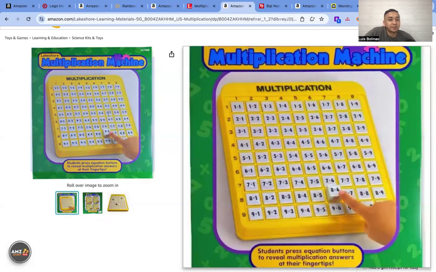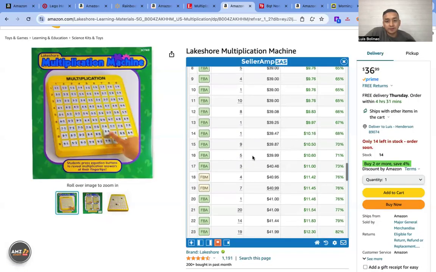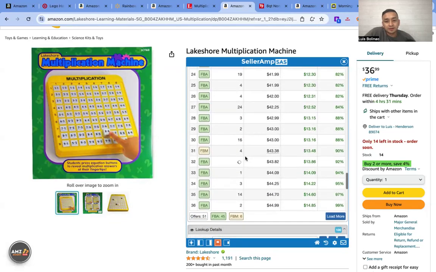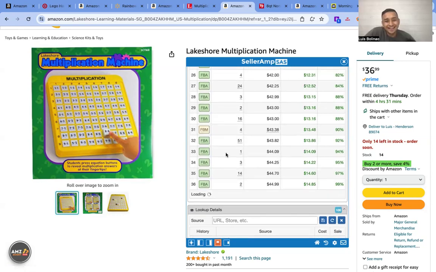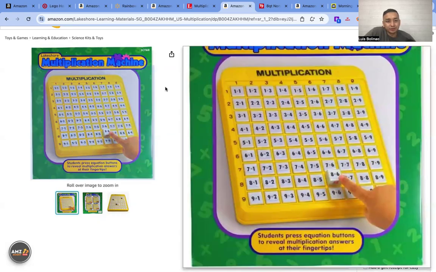See, so John is saying depends on the inventory of the 50 sellers. Okay, makes sense. Yeah, so here's all their inventory. It's a lot, right? So would you guys do it?